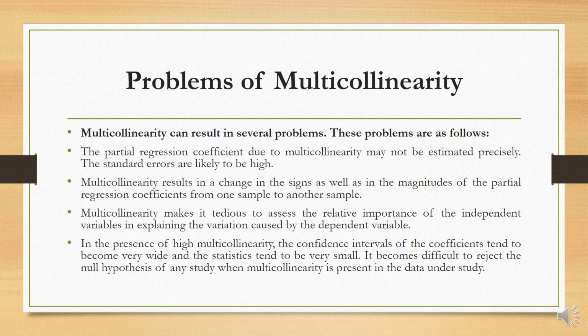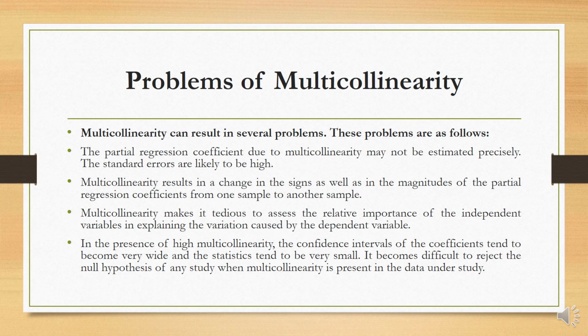Multicollinearity results in a change in the signs as well as the magnitude of the partial regression coefficients from one sample to another sample. Multicollinearity makes it tedious to assess the relative importance of the independent variables in explaining the variation caused by the dependent variable.